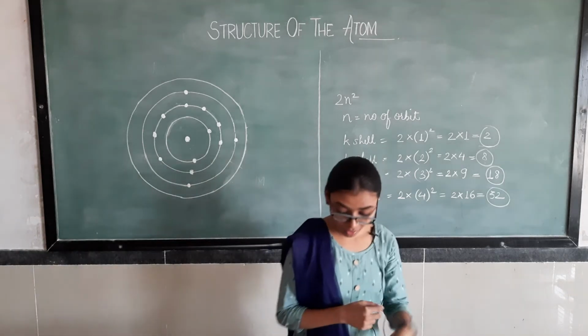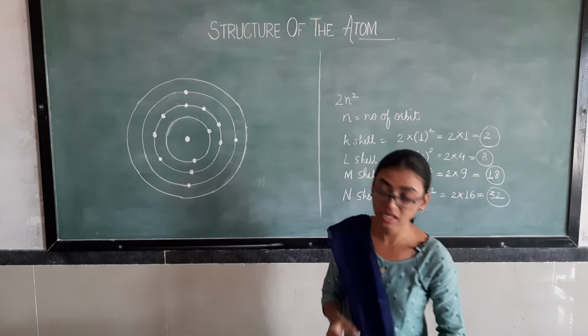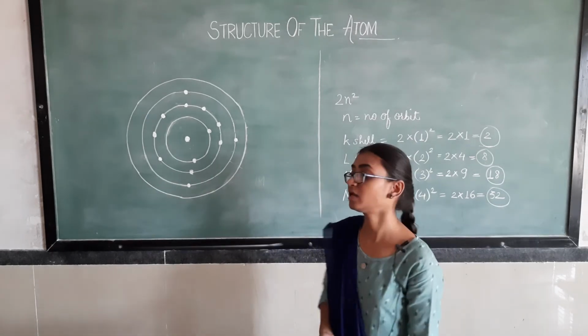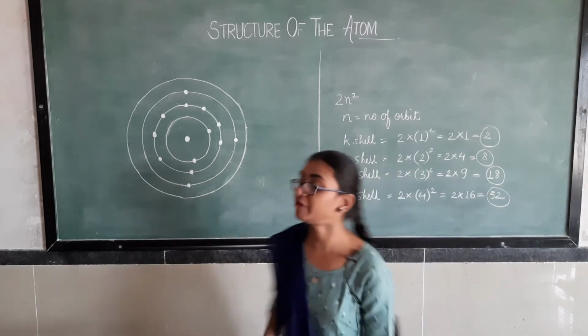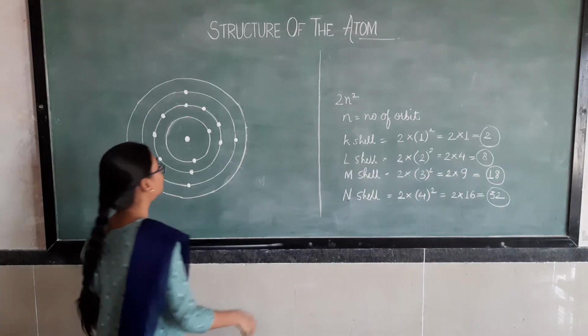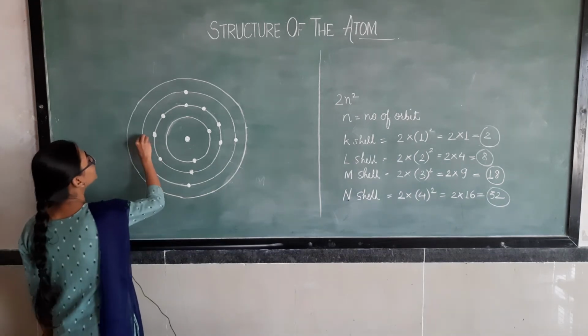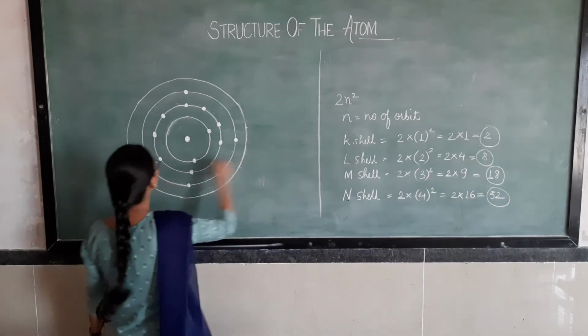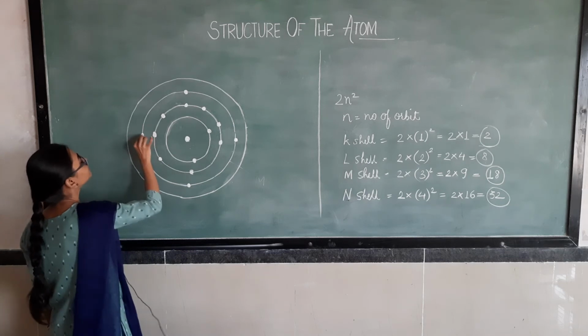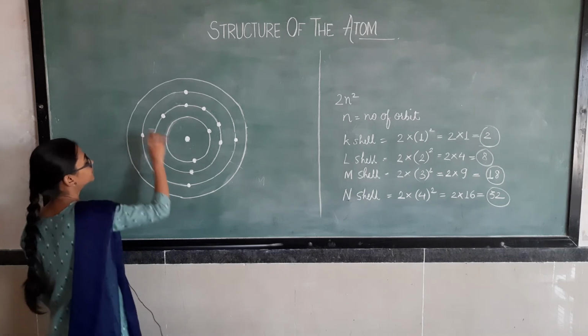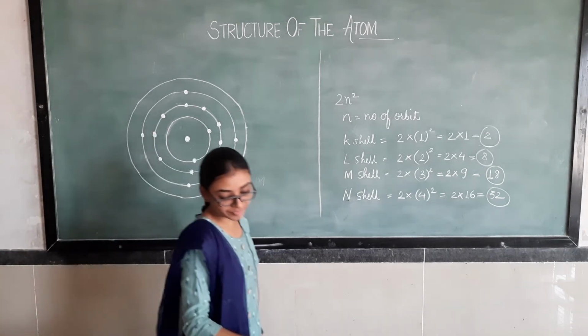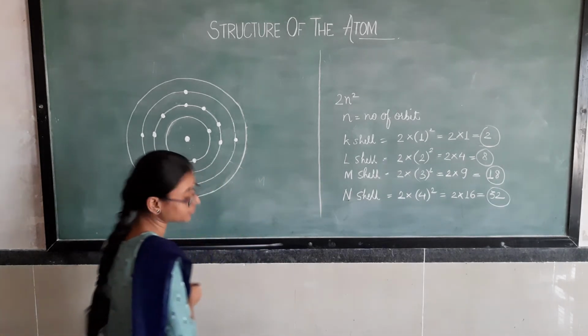Now, if we talk about silicon, after aluminium it's silicon. In silicon, the number of electrons present is 14. So in the M shell only we are going to adjust that. After silicon, it's phosphorus.